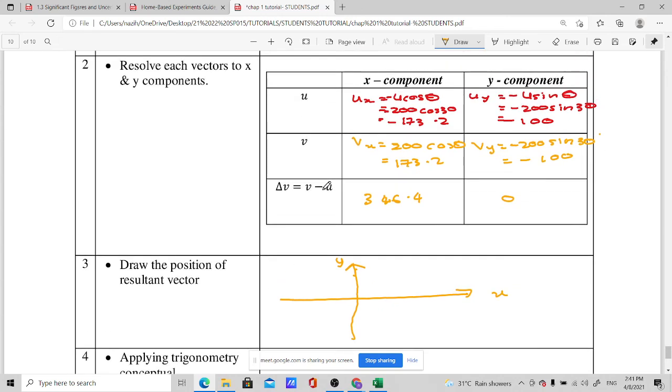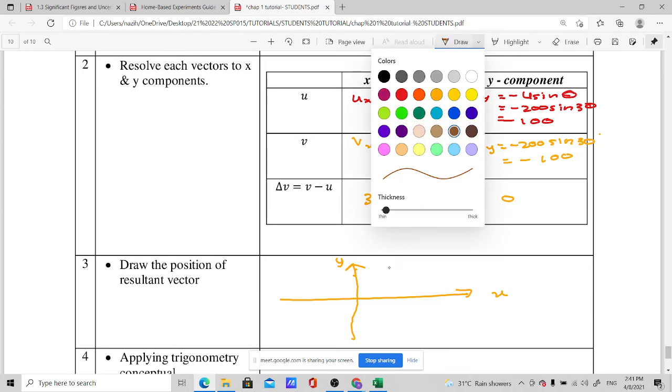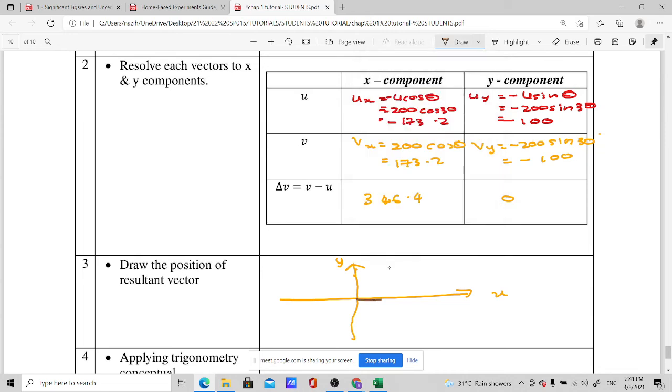Why do you get a positive answer here? Oh, okay, change in. I am so sorry, I missed out this one. It is V minus U. So V minus this one, positive value. Very good. So you get to the right. So this is your delta V.